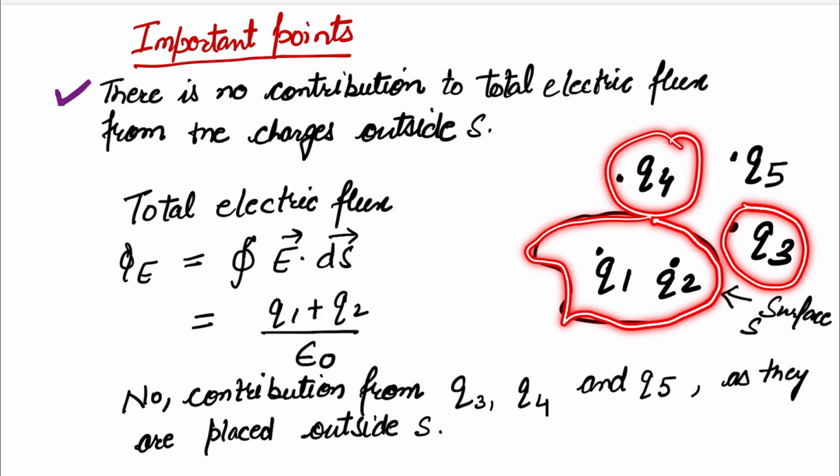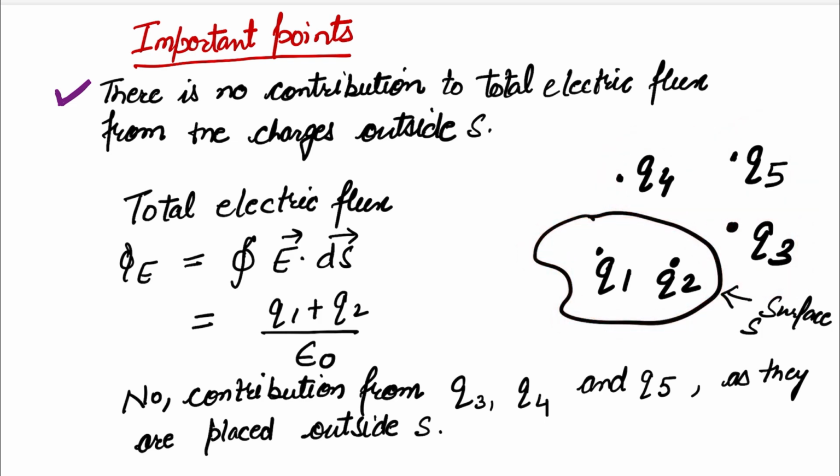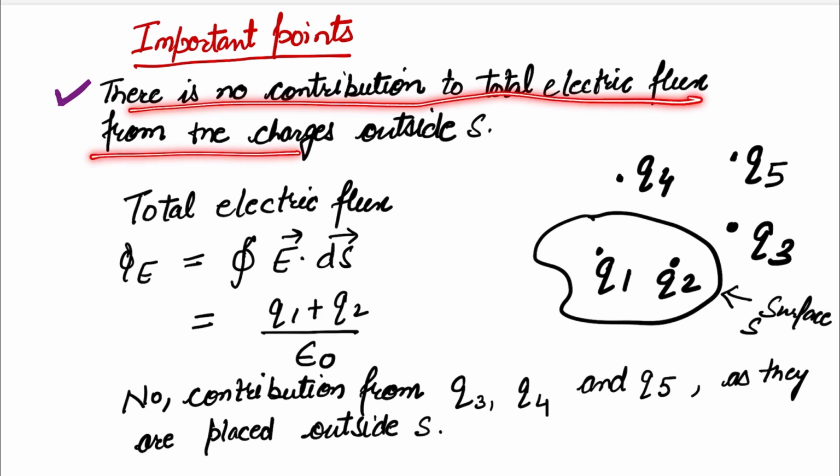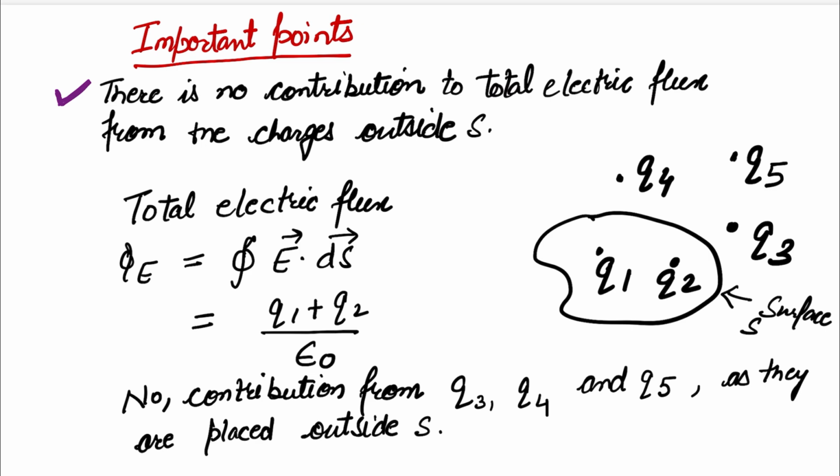Q3, Q4 and Q5 are three charges which are lying outside the surface S. When you are supposed to calculate the electric flux, there is no contribution to the total electric flux from the charges which lie outside the surface S. So the total electric flux is phi E equal to Q1, the first charge lying inside the surface, plus Q2, the second charge lying inside the surface, divided by epsilon naught. No contribution is taken from Q3, Q4 and Q5.